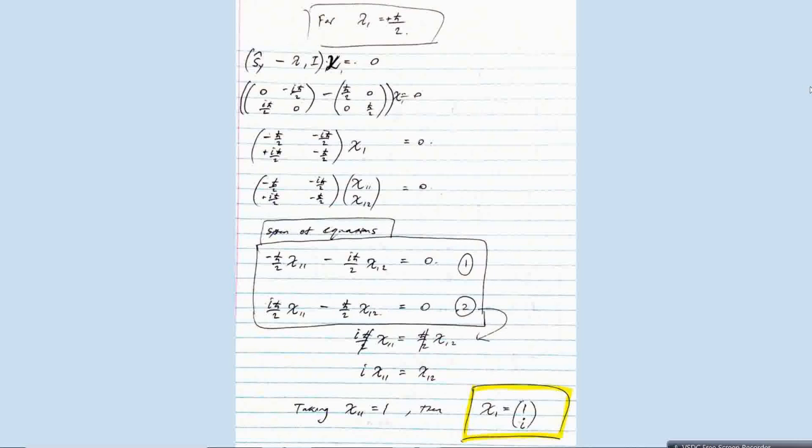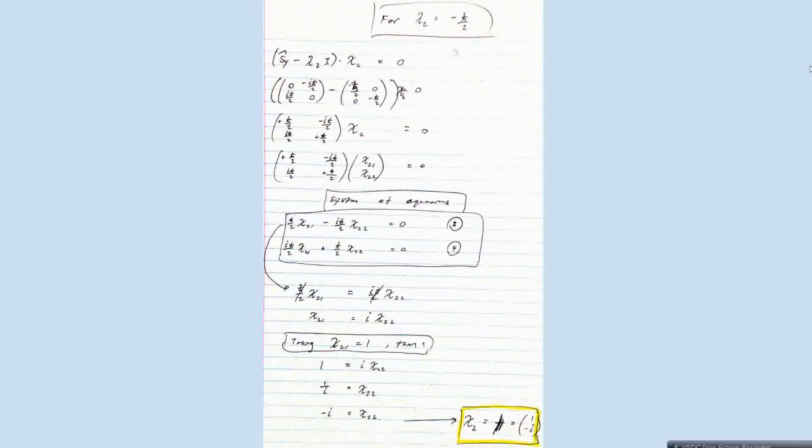Similarly, we do the same thing with lambda 2 equal to minus h bar over 2, so it's really just the same thing. We get a system of equations, we solve that system of equations, and designating chi 2,1 as 1, we get chi 2, the second eigenvector, as (1, negative i).